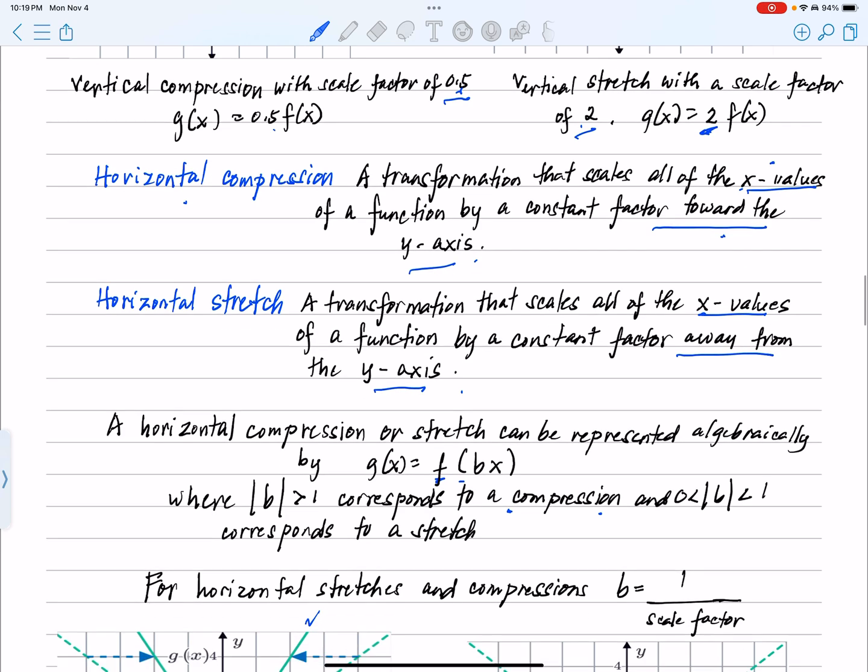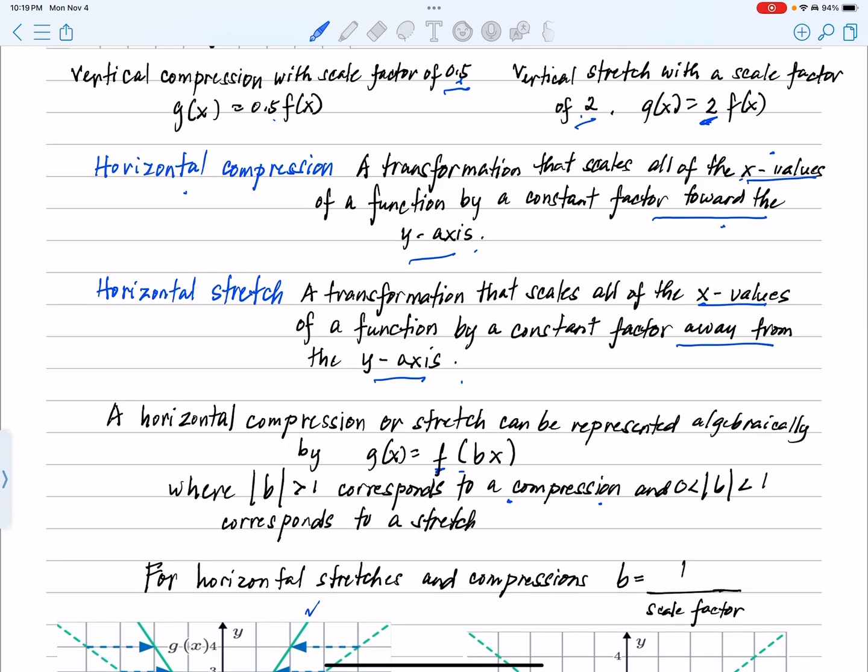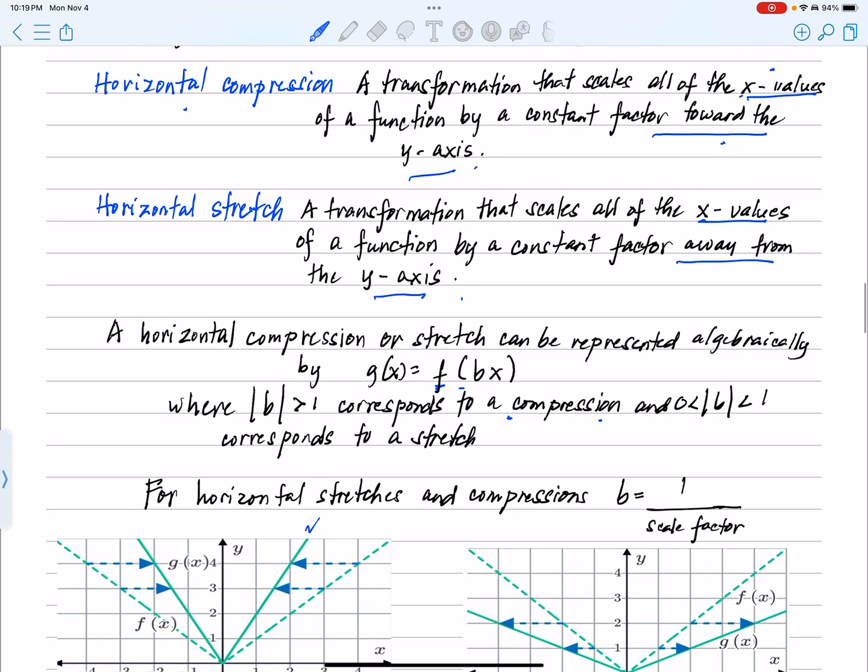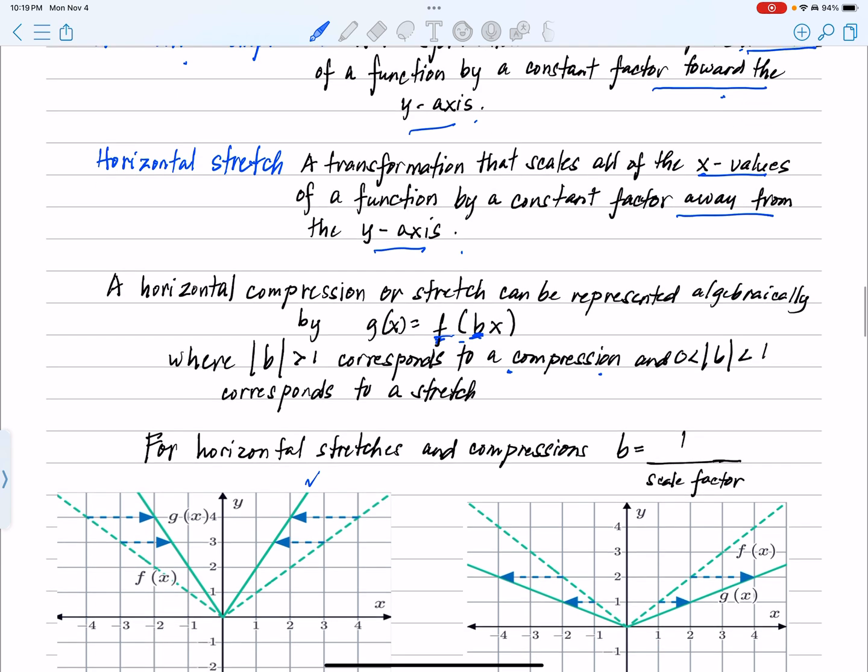So a horizontal compression or stretch can be represented by g of x equals f of b times x. The b there is representing the horizontal stretch, where the absolute value greater than 1 is for compression. If it's less than 1, it is stretch.